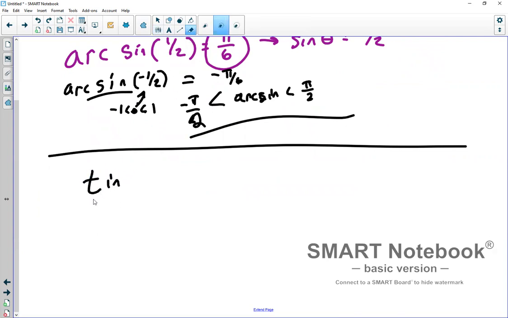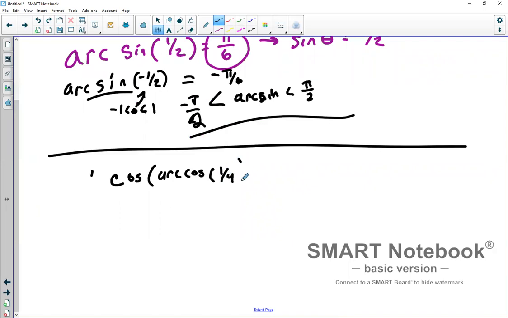Let's do, I'll use sine again. All right, cosine. Cosine of arccosine of 1/4.